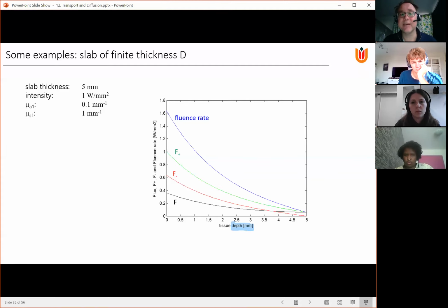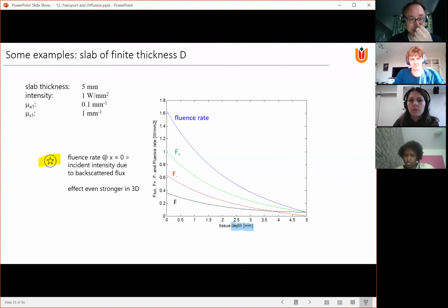But in the beginning of these laser therapies, that was a mistake that was made. You can see it clearly here in the 1D effect, but this obviously also happens in real life, because it is just the sum of the light that you put in and the light that is backscattered from deeper regions.